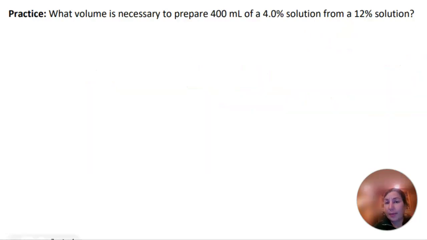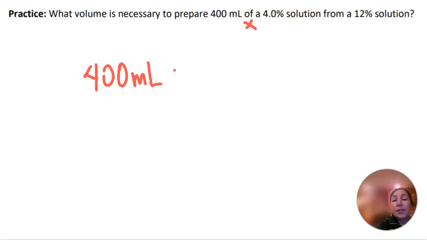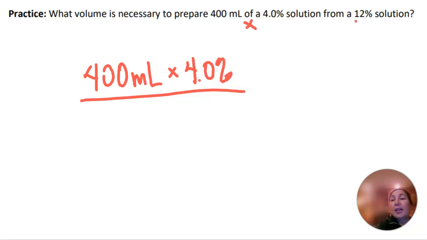Let's try another example. What volume is necessary to prepare 400 milliliters of a 4.0% solution from a 12% solution? So again, you're going to multiply. You're going to go, okay, I want to prepare 400 milliliters of a 4% solution, so I'm multiplying, and it's from a 12% solution.